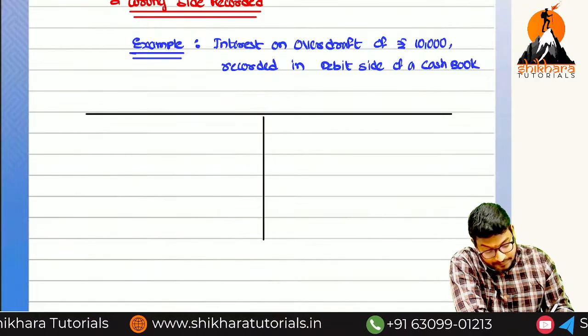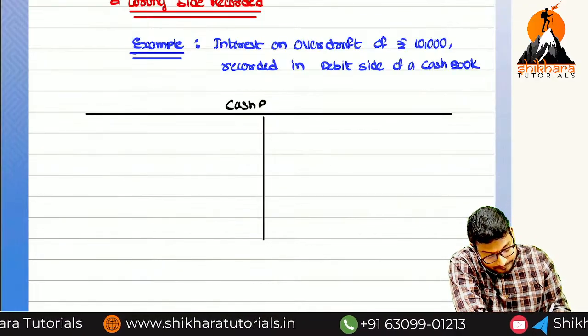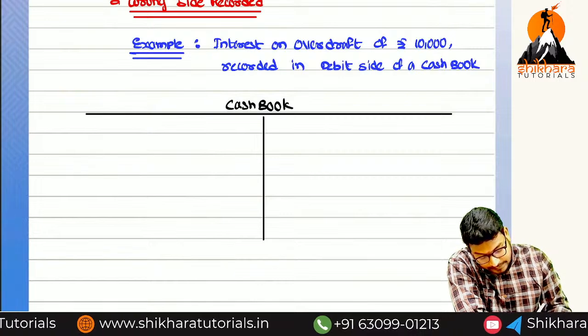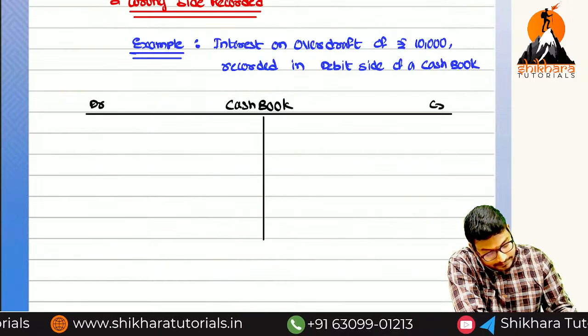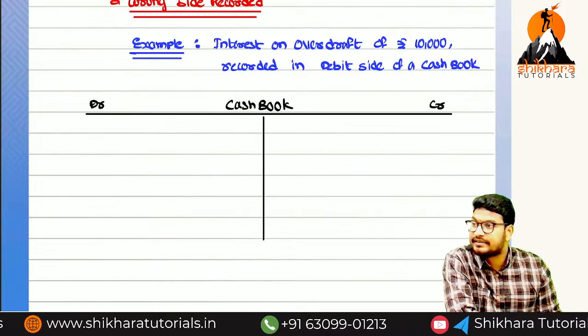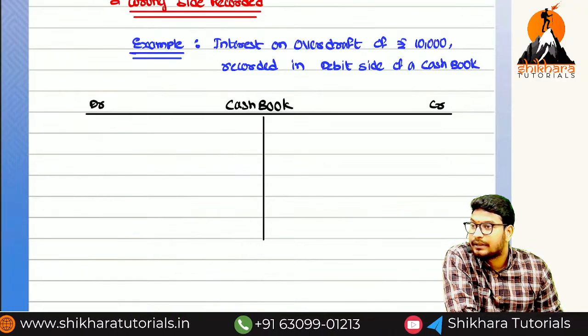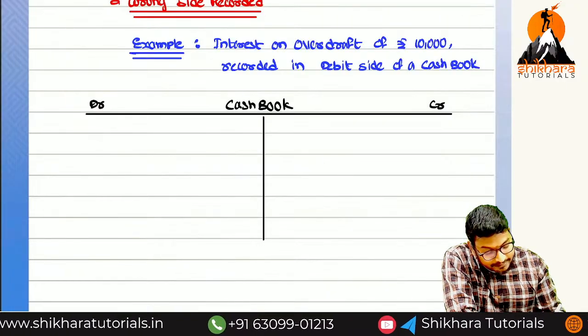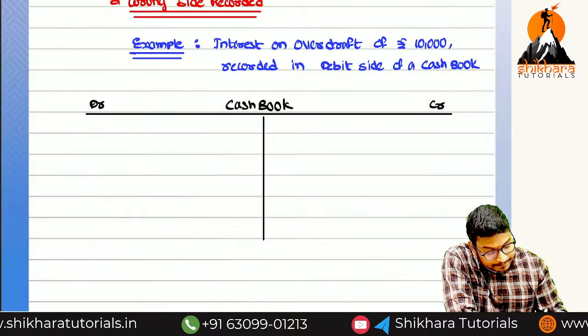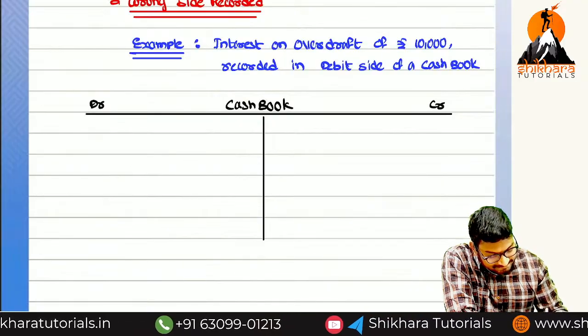Debit and credit. So normally which side we have to record? Debit side or credit side? I am writing the correct one with a green pen.